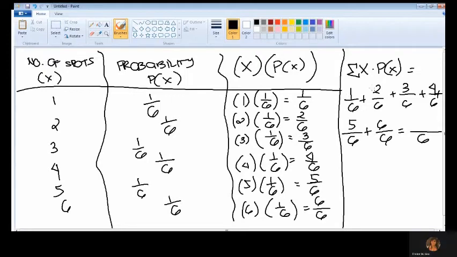So 3, 6, 10, that would be 21 over 6, or 3.5.